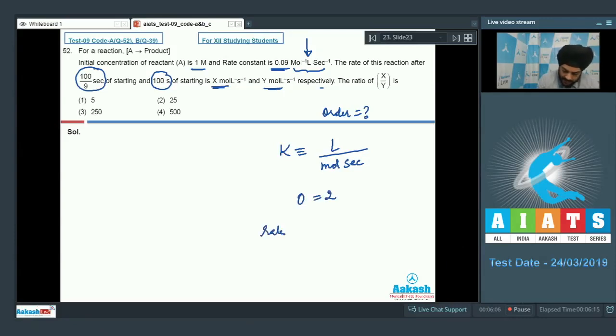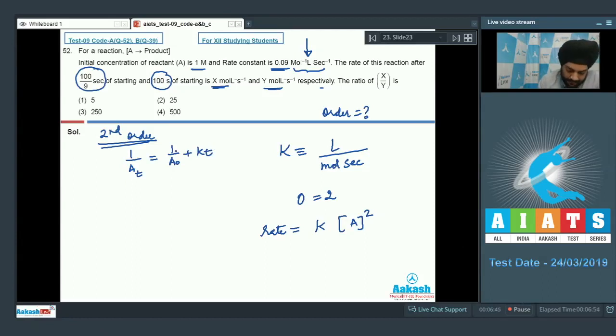So the rate can be written as the rate constant into concentration of A raised to the power 2. So we have to comment on the rate of the reaction after 100 by 9 second and after 100 second. So for a second order reaction, we can have the expression as 1 by AT is equal to 1 by A0 plus KT.